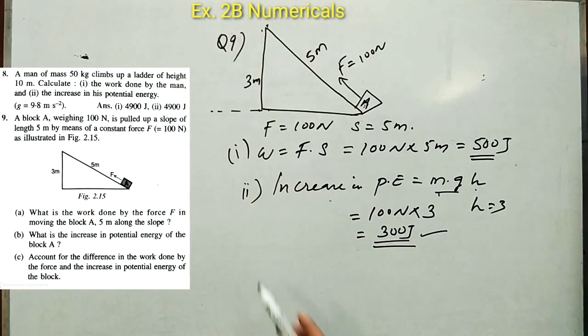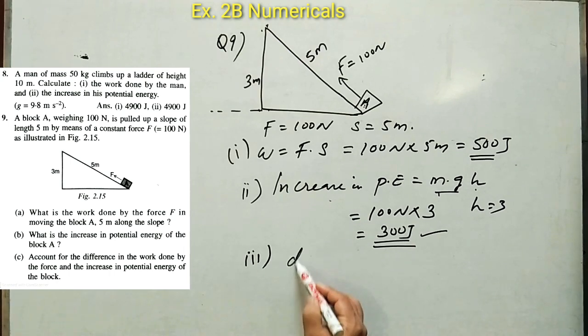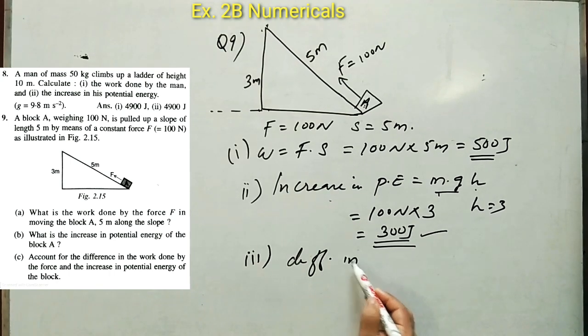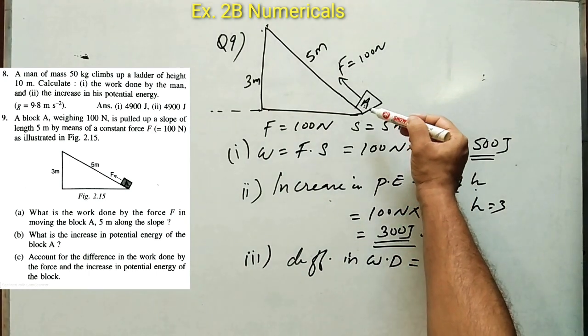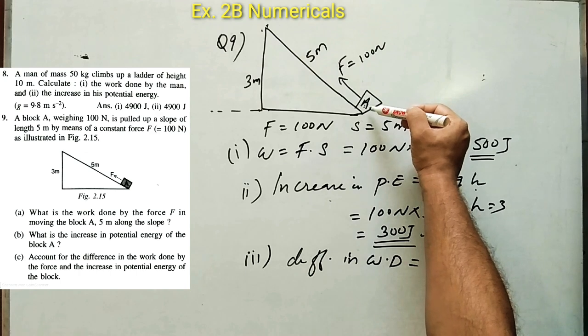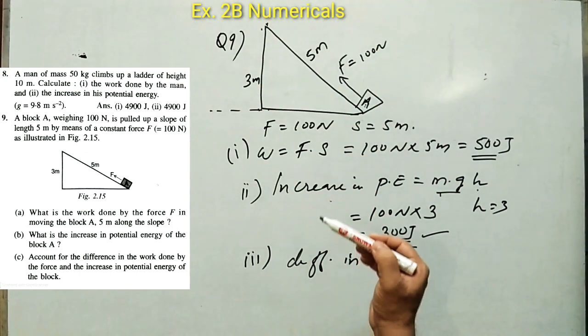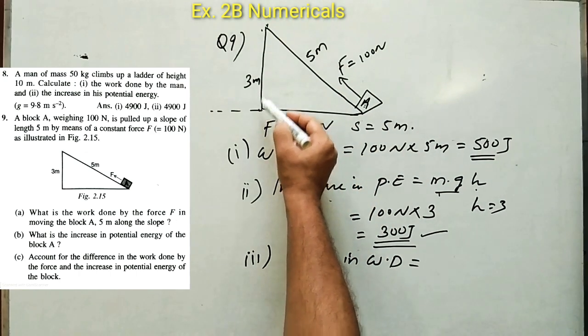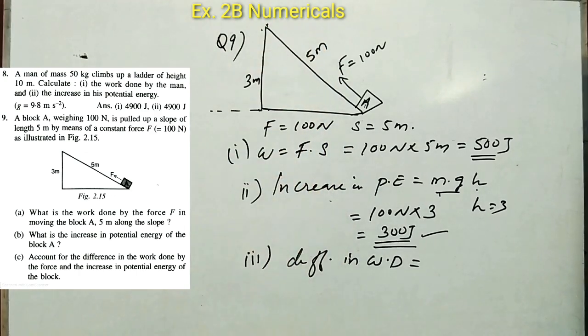Clear? Now in the third part, account for the difference in work done by the force and the increase in potential energy of the block. So difference in work done between pulling the block along the inclined plane and when it reaches a height of 3 meter above the ground.